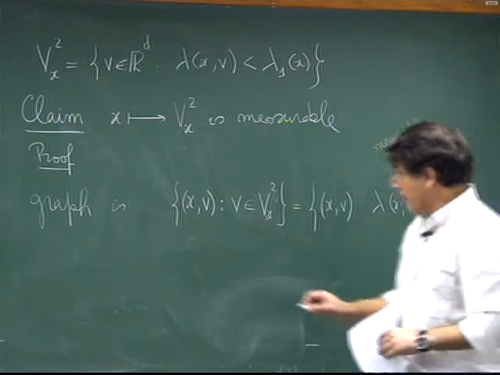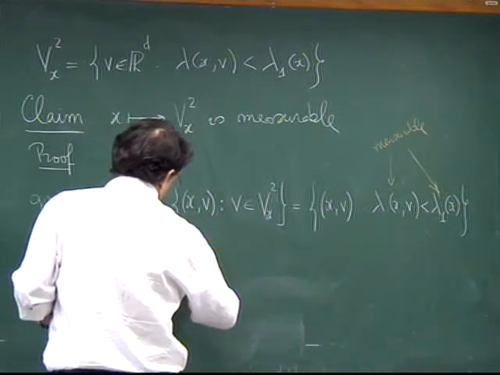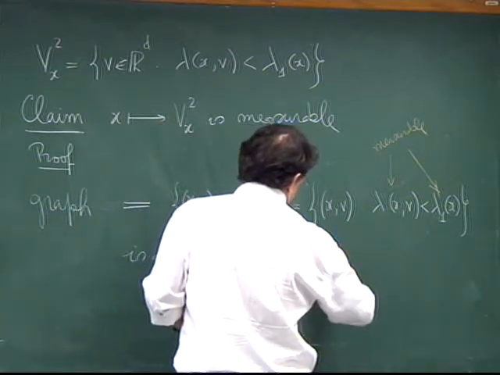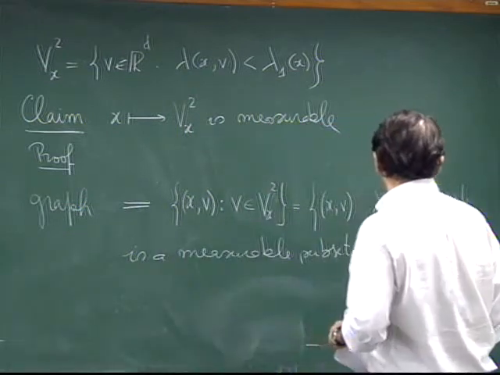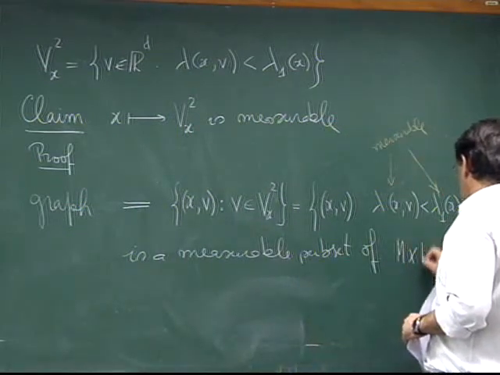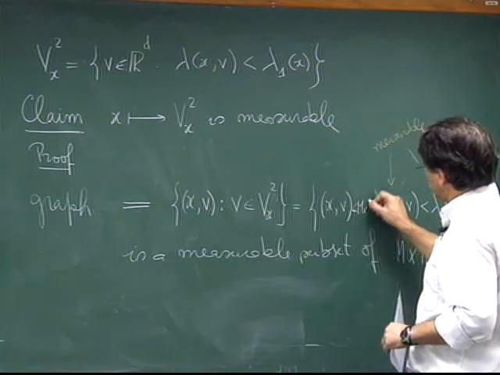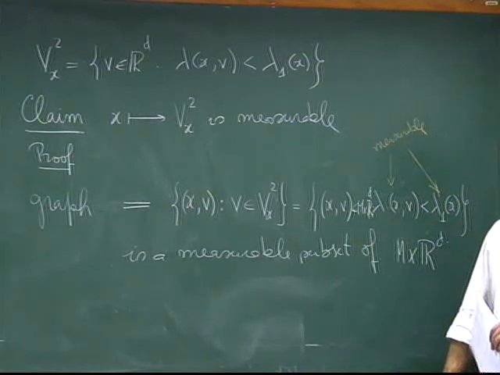So the graph is a measurable subset of M cross R^d.